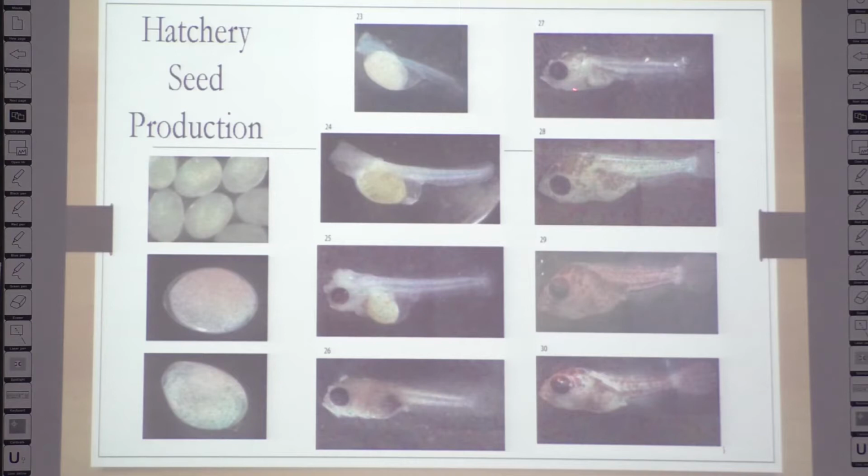Now this exogenous feeding larva requires a very specific feed with nutritive value as well as the right size spectrum. The mouth size of the larva and the size of the live feed should match. Then only it can feed.